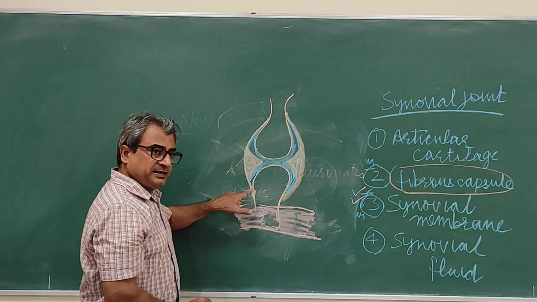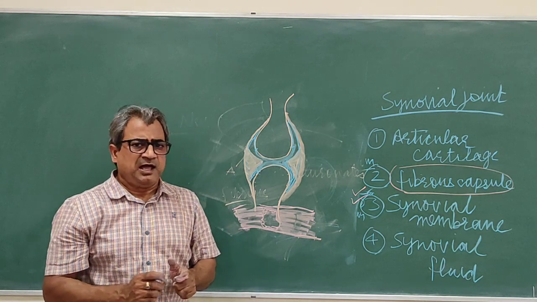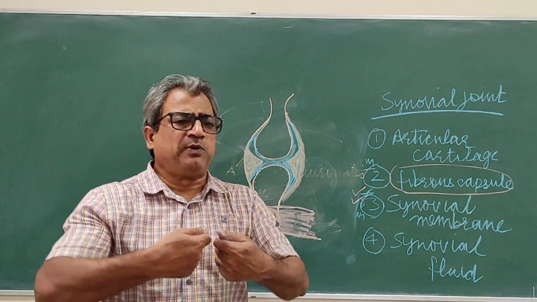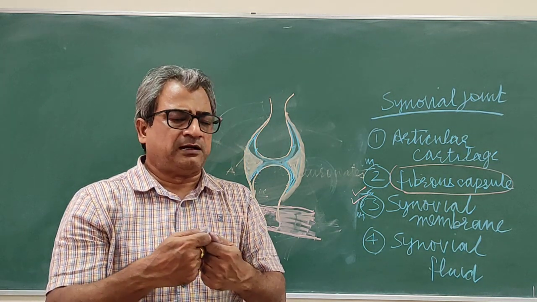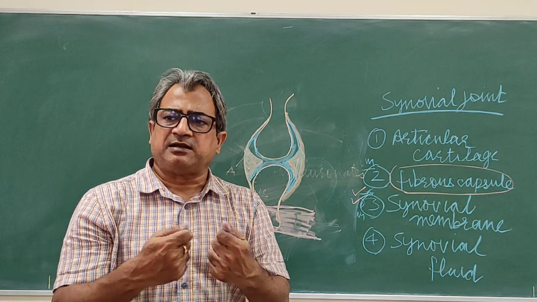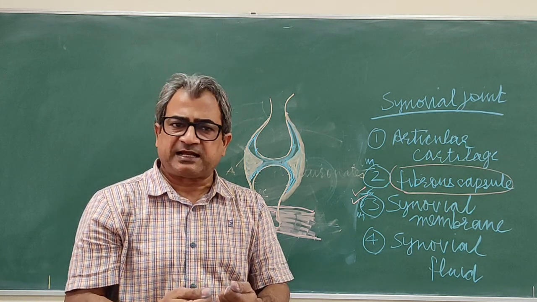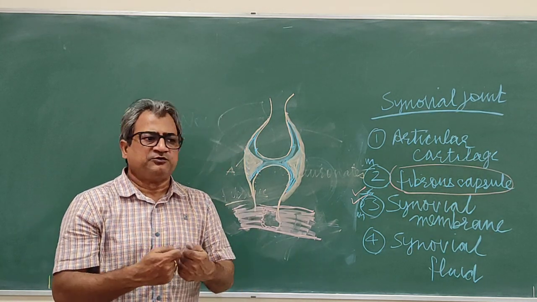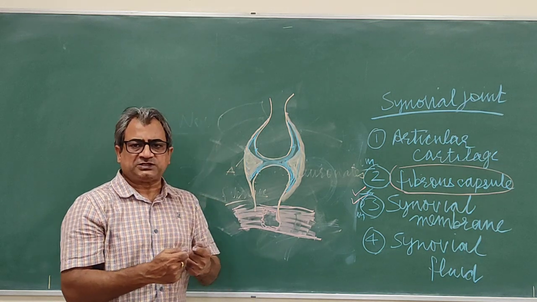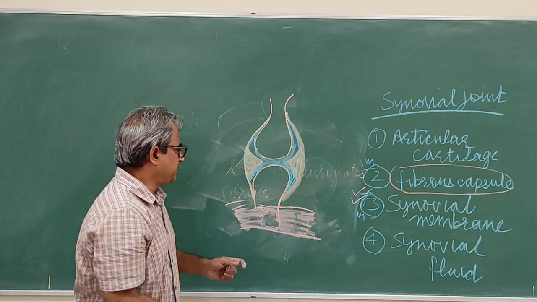The membrane is on the side. The membrane as such has no part to play in the movement. The indirect part is that it secretes synovial fluid which collects there, helping the frictionless movement, right? The coefficient of friction is highly decreased by that fluid.